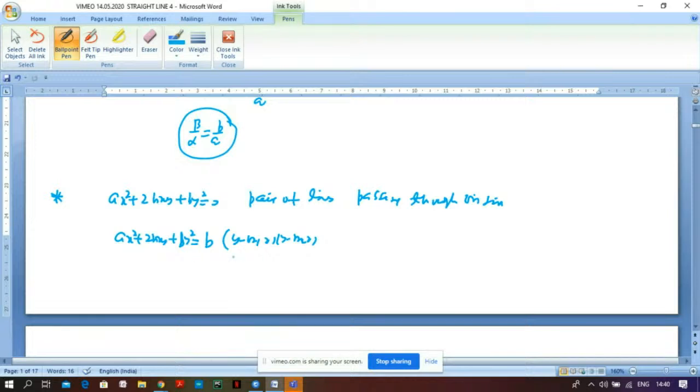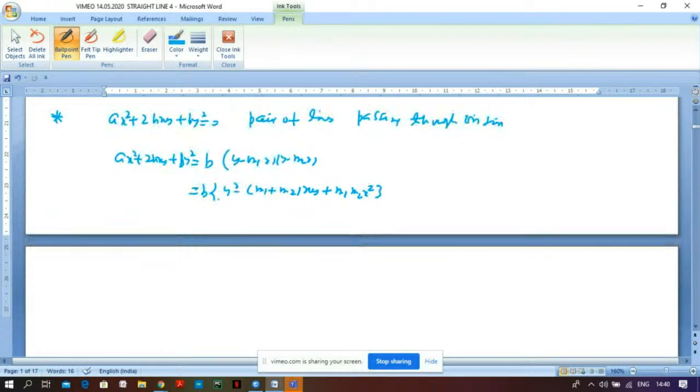And when you do that, you get b times y squared minus (m1 plus m2) xy plus m1 m2 x squared. By equating coefficients, the y squared coefficient gives you nothing. Then the xy coefficient gives 2h equals minus b times (m1 plus m2). And the x squared coefficient gives a equals b times m1 m2.